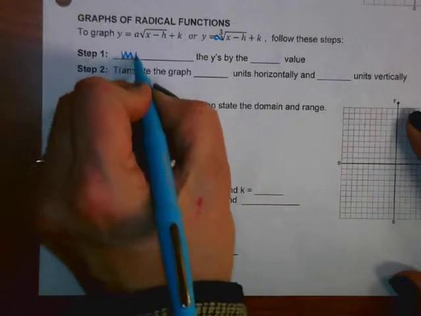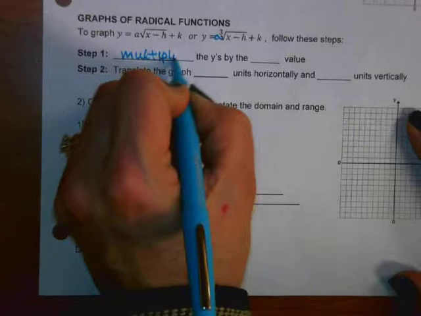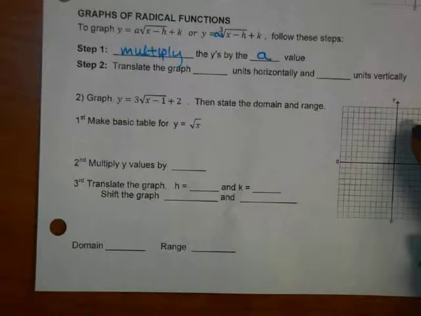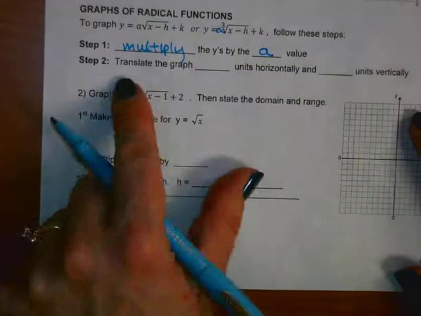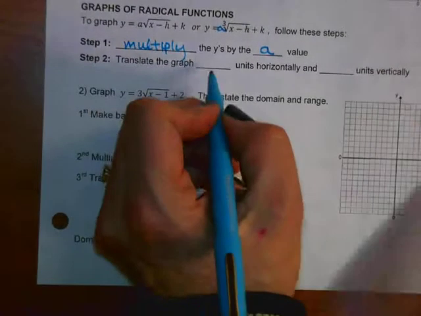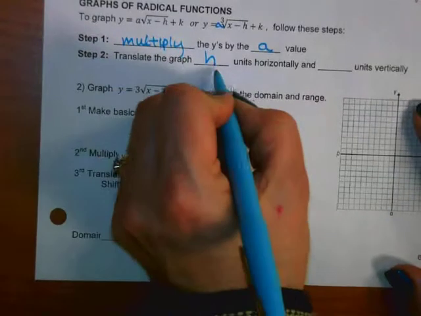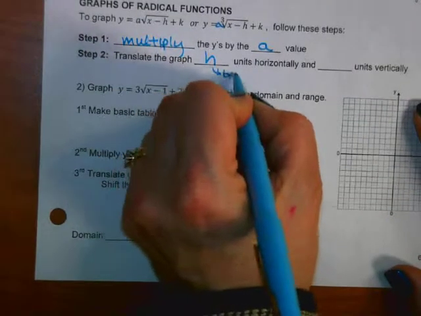Okay? All right, step 1. You're going to multiply the y's by the a value. Step 2, you're going to translate the graph. That means left or right or up or down. H units, and it becomes the opposite, and I'll show you what I mean in a minute.